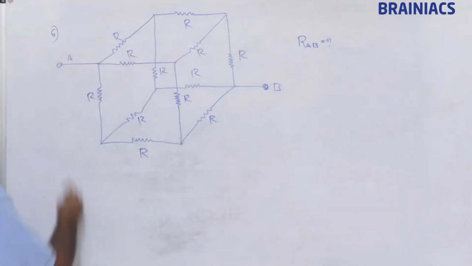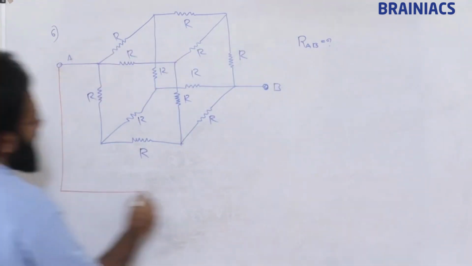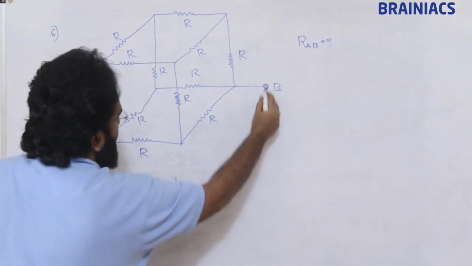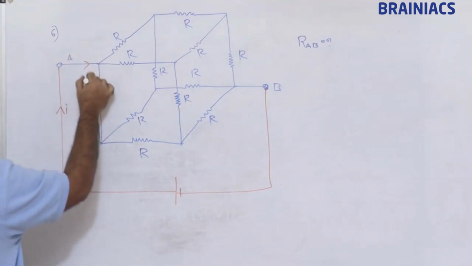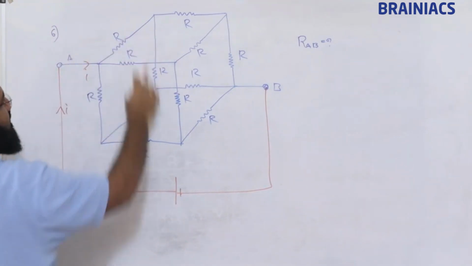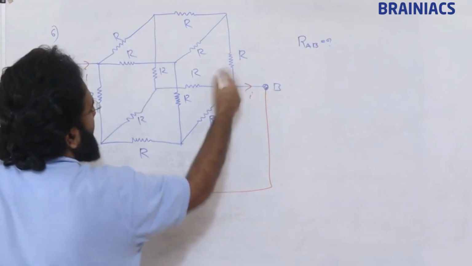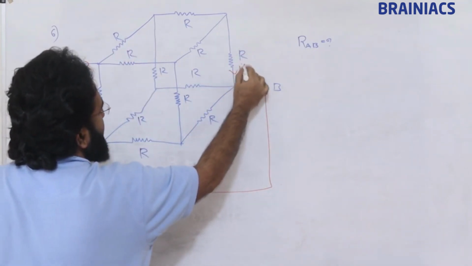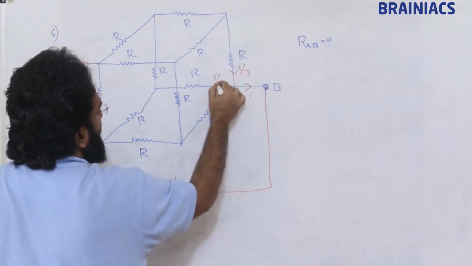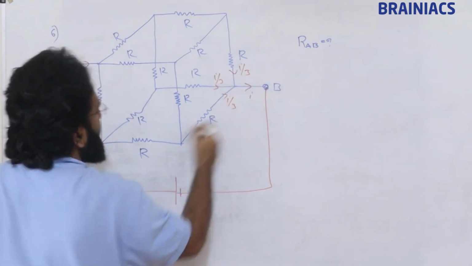Okay. So again, we will be connecting a battery across the terminals. If I is passing like this, here it is dividing, and the same I will come out. So from 3 resistances, I can take this as I by 3, I by 3, I by 3.